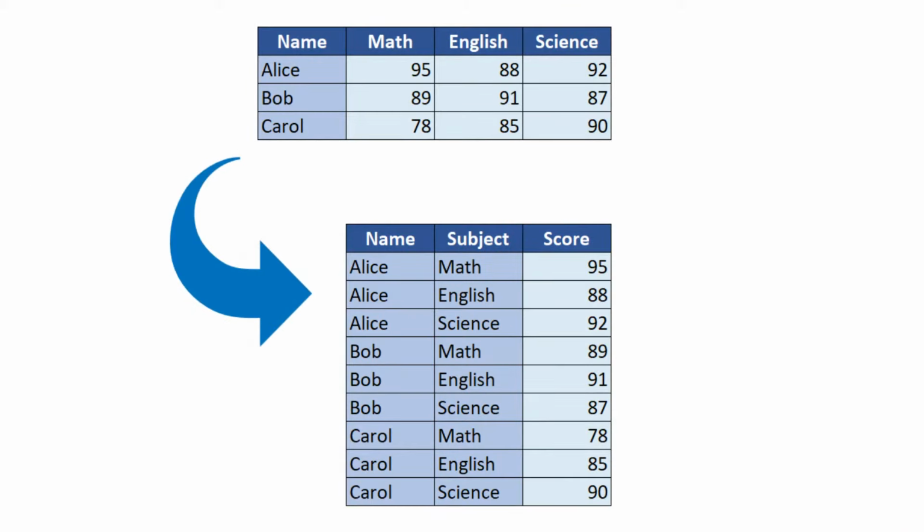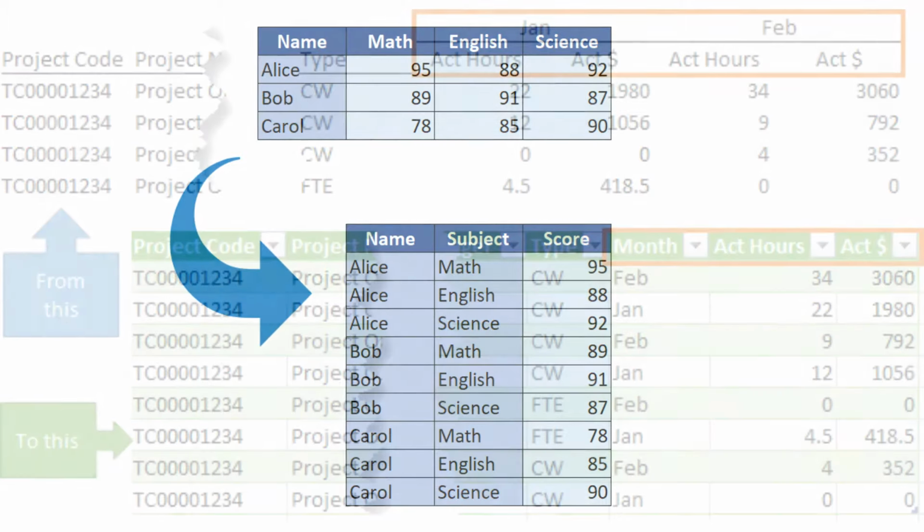You can unpivot this table to the long format where it might look like this. In this long format, each row represents a student's name, a subject, and their corresponding score. This structure makes it easier to perform various operations, such as calculating statistics, creating visualizations, or conducting further analysis on the data.